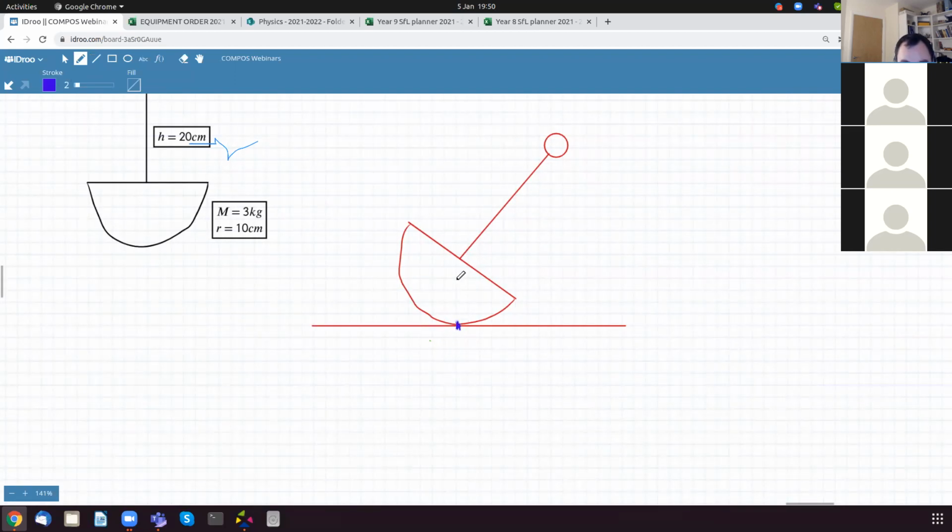And if we draw a vertical line from here, if the center of mass is to the right of that point, so for example, if the center of mass is here, it will topple over to the right. If the center of mass is to the left of this point, so let's say the center of mass is here, it will return to the original position.